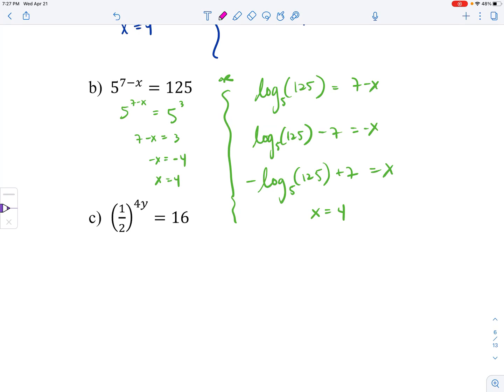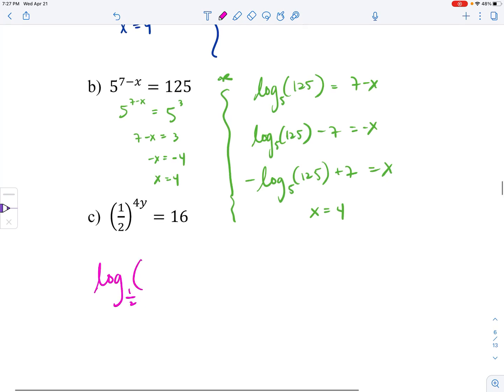Okay. For the next one, we could either use the one-to-one property, rewriting the 16 as 1/2 to a power, or we could think about rewriting in logarithmic form, or taking the log base 1/2 of each side and then applying the logarithm properties.